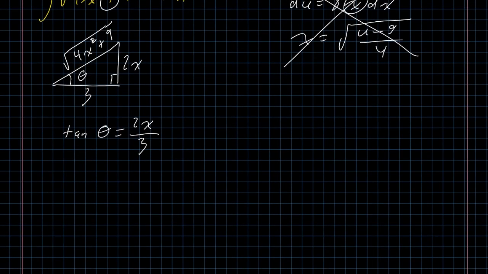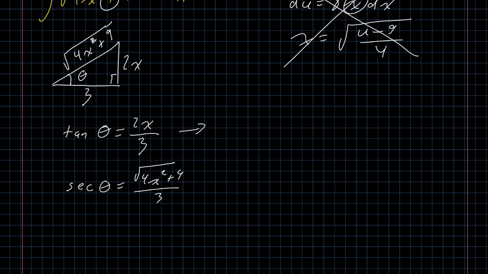From here, I can write that the side that has my radical is the hypotenuse, my constant is the adjacent side, and hypotenuse over adjacent is secant. So secant of theta is the square root of 4x squared plus 9 all over 3.